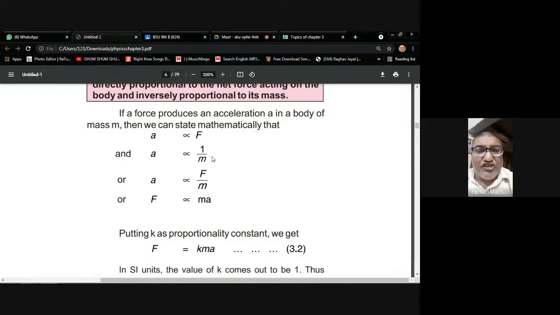Because the acceleration produced is inversely proportional to the mass of the body, I wrote here A proportional to 1 by M. 1 by M means that A and M are inversely proportional.